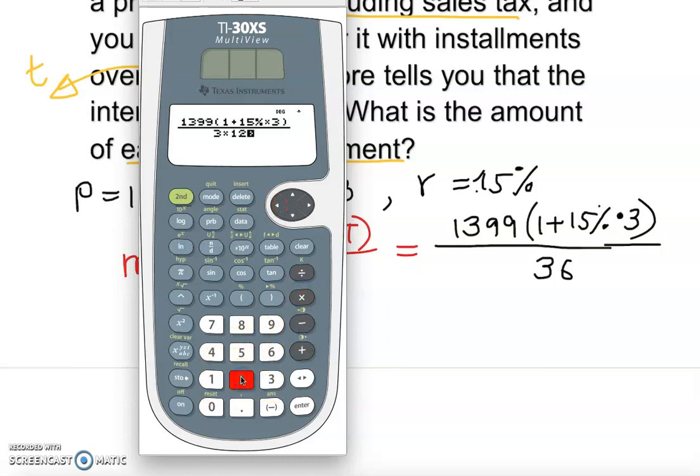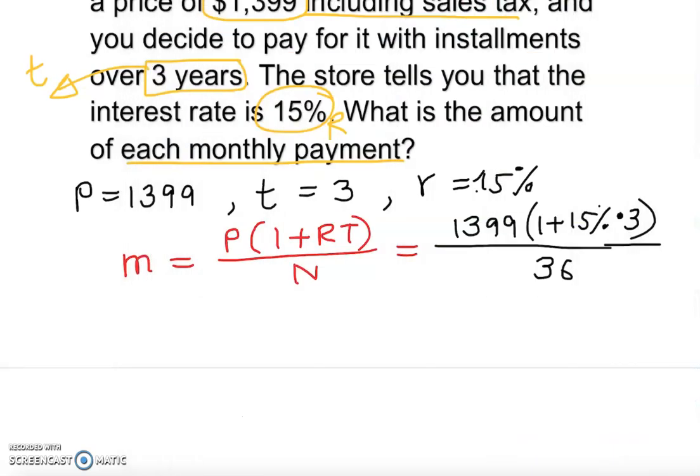You can just type it like this and enter. Of course, as you see, it is a fraction. So we get $56.34.